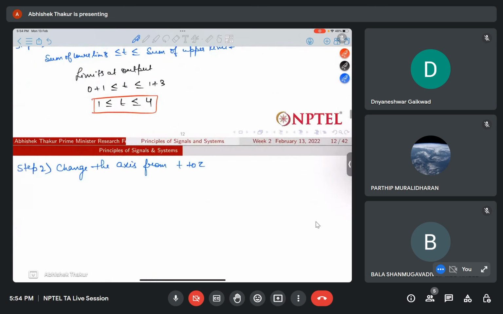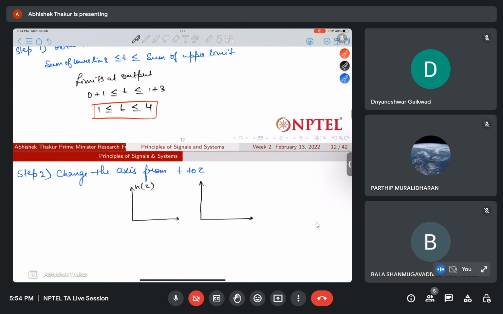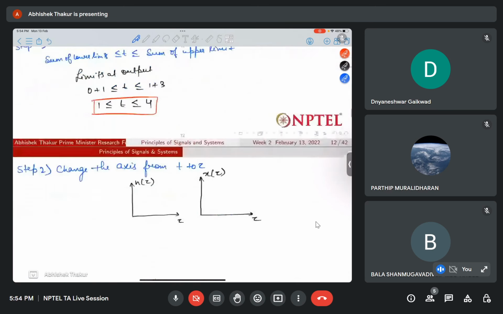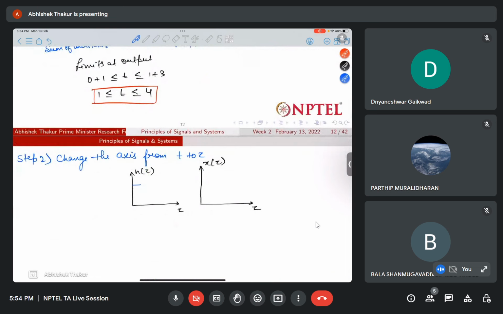So when you change the axis for h tau, the x-axis will be tau. Here ht is this, then h tau will be the same, only the axis name will change.